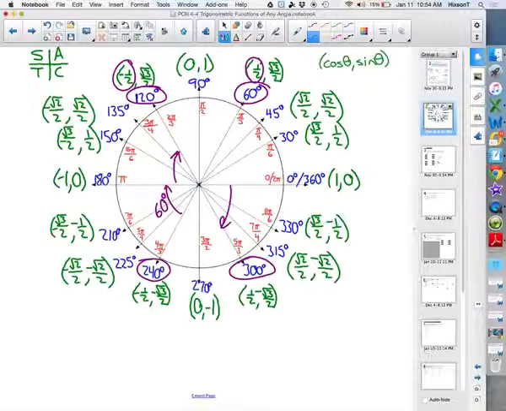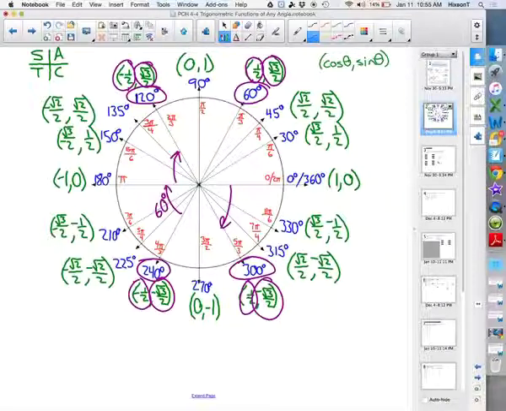The cosines are all either negative 1/2 or positive 1/2. And the sines are positive root 3 over 2 or negative root 3 over 2. And that works for every angle. If you know the reference angle, you know the value of the trig function, then you automatically know everything else.